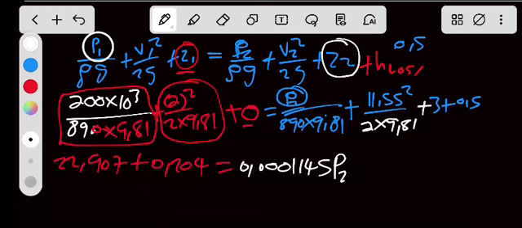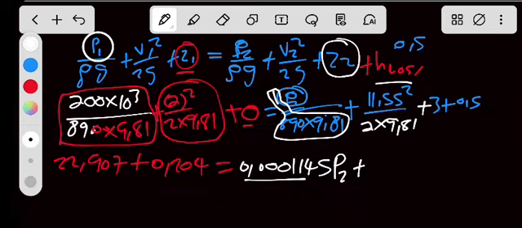Remember, this is the same as 1. You punch this on the calculator like that and we'll obtain this. Then plus, we punch those to obtain those.